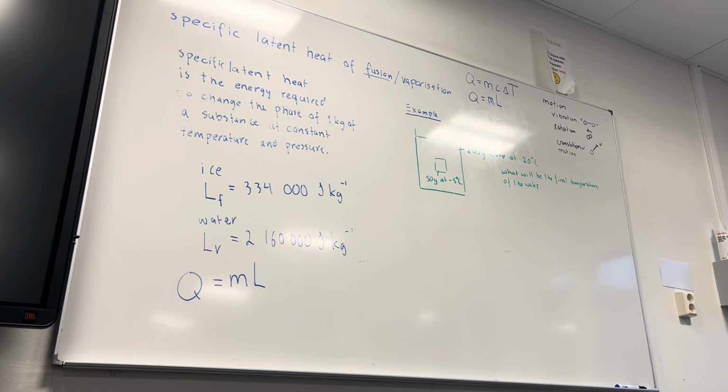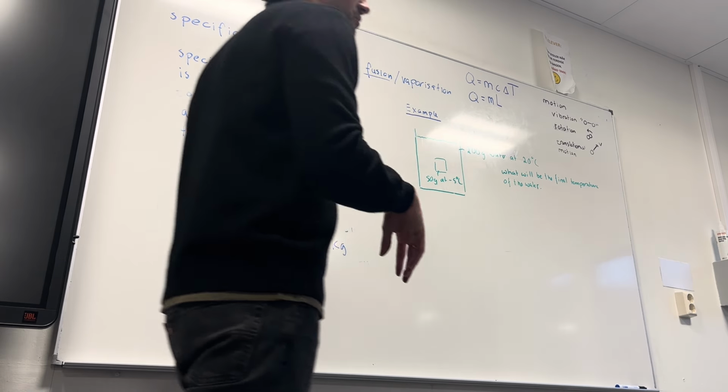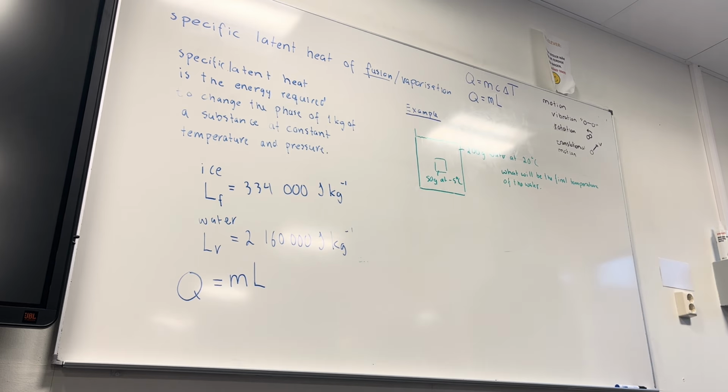Ian, what will happen before? I agree, a phase change will happen, but that's not the first thing that will happen. Something will happen before it melts. Ice is at minus 5 degrees, and this is the ratio you have to follow. So it has more energy, more kinetic energy.